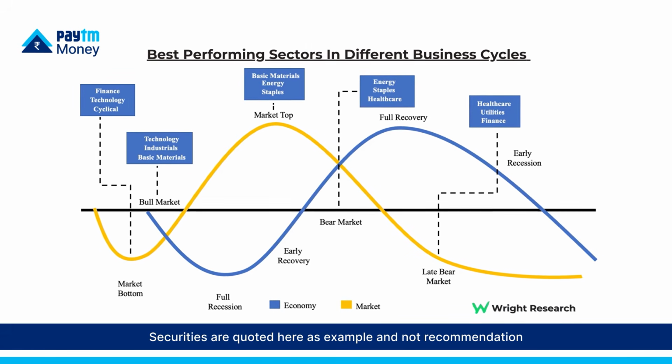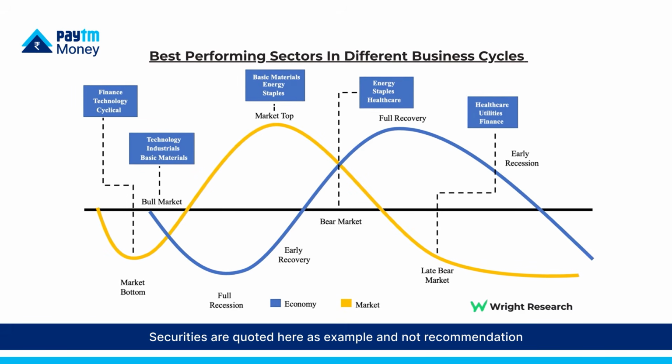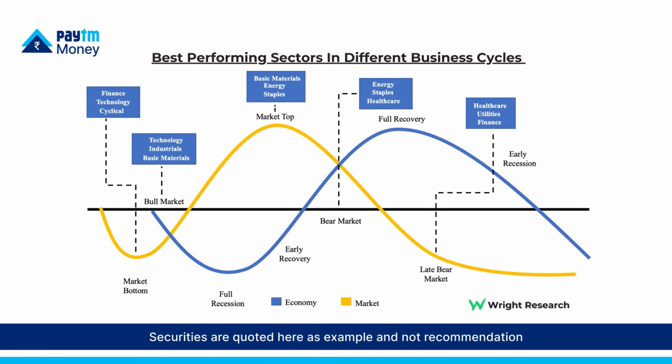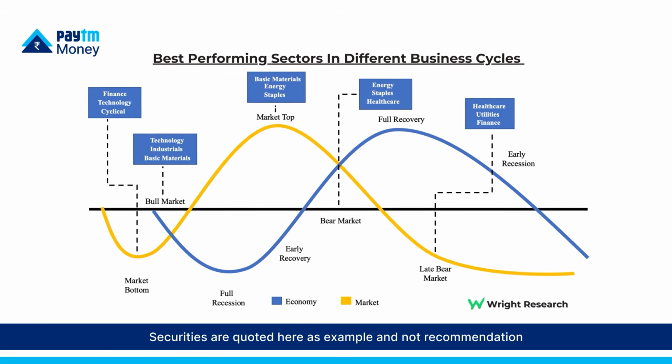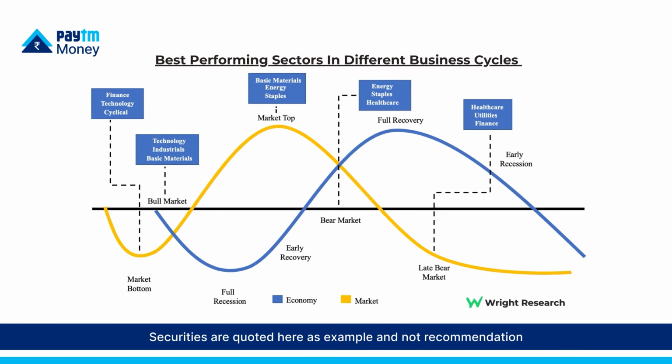Now, during the mid segment of the bull market, you will see some other sectors coming into place, say transportation, IT. And towards the end of the bull market, you will see some different sectors leading the market, maybe utilities, power. So this is what we call sector rotation. The leader of the market changes, the sector changes from time to time.